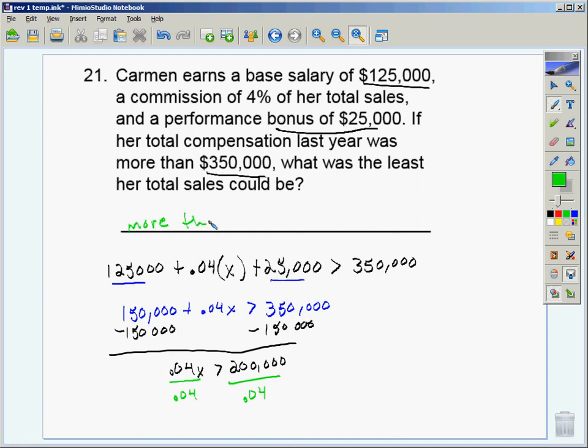More than. When I divide this into that, it's going to be 5 million. In other words, she made more than $5 million worth of sales to earn what? $350,000.